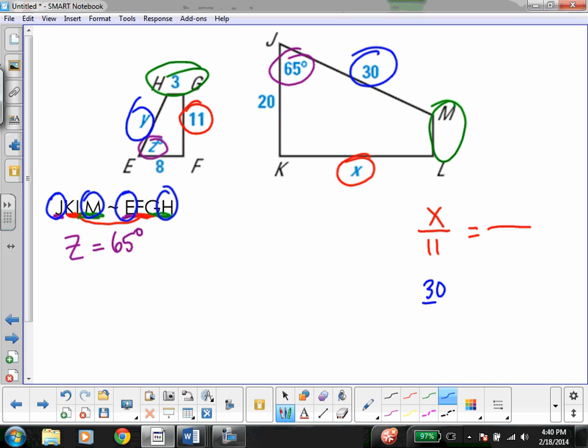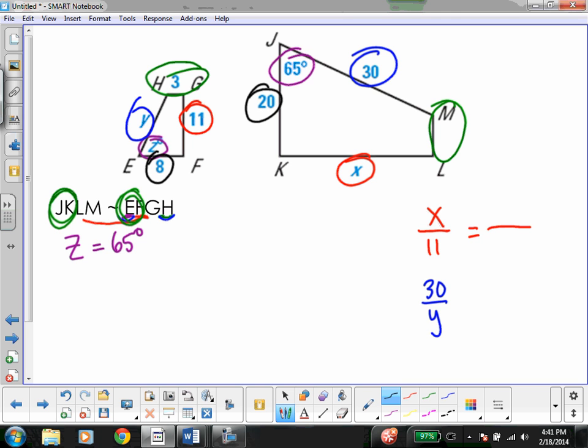Side 30 has to be in the ratio with Y, which means that by using my similarity statement, I can conclude that side EF and side JK have to be in the same ratio as well.